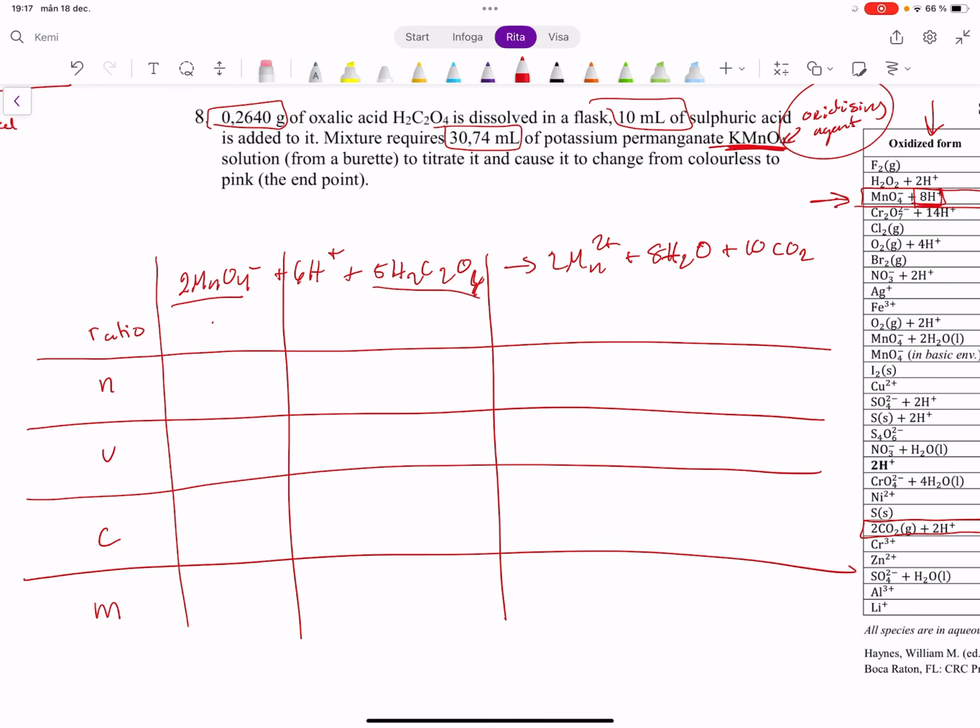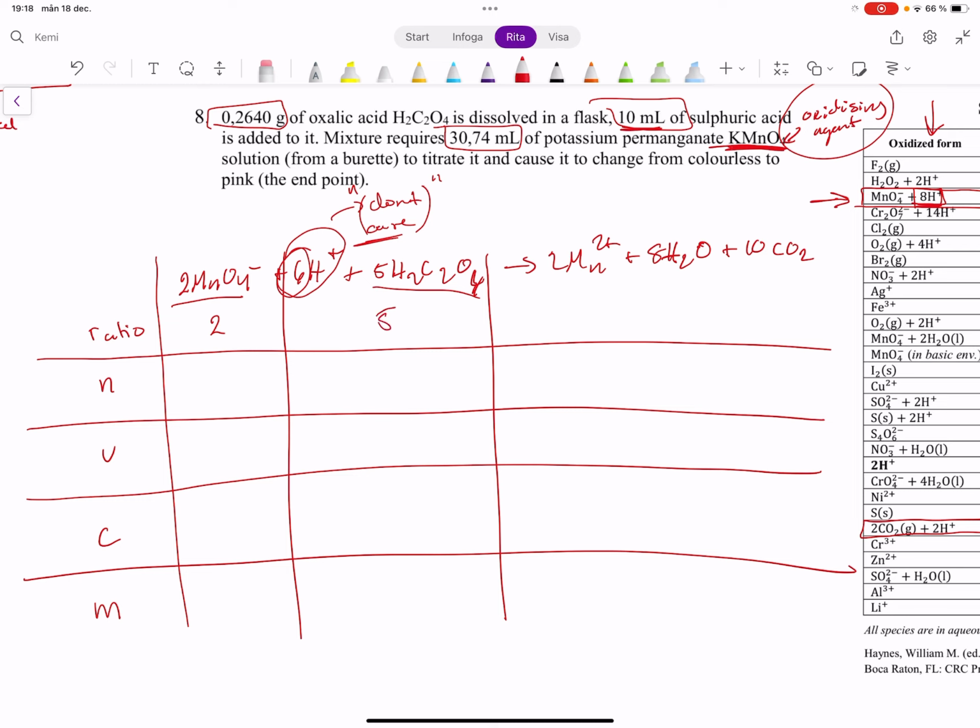You have 2. These ones we don't care about. The only thing they tell us is that it's an acidic environment. They are important a little bit because of the 10 milliliters, but we don't care about the 6 here, or that ratio.